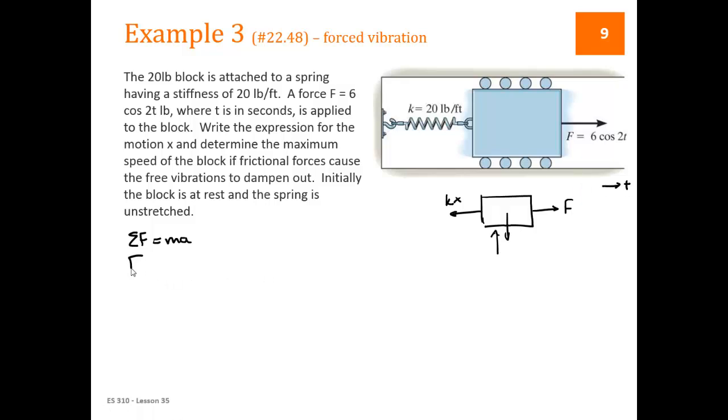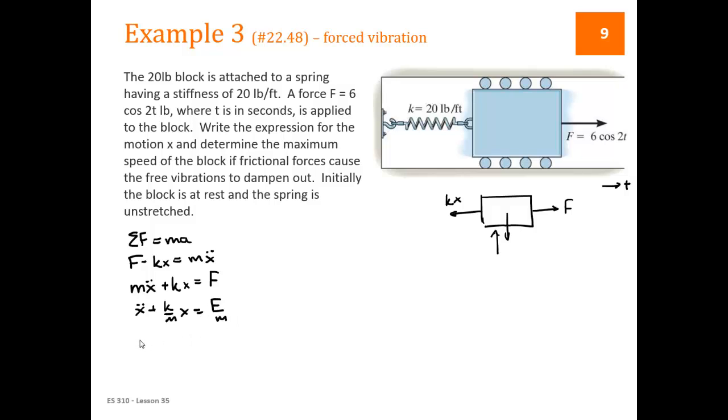So we have F minus kx equals mass times x double dot. We can move things around and write it in standard form as m x double dot plus kx equals F. Divide through by m to get no coefficient in front of the double dot term. That's our standard form: x double dot plus k over m x equals F over m.